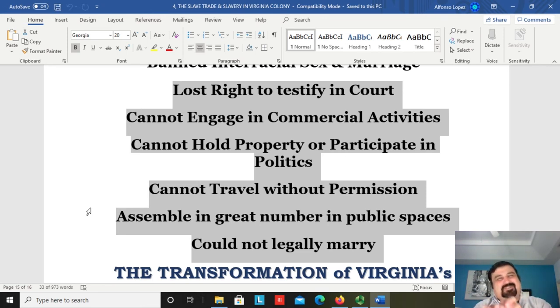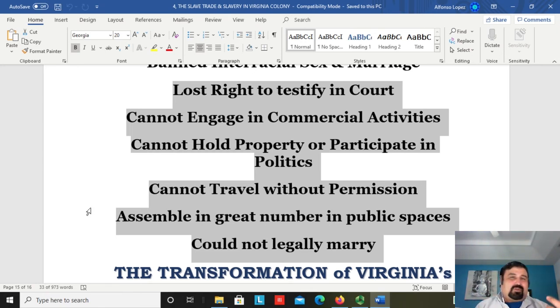Even though there were, of course, slaves that got married inside the plantations, those marriages were not considered legal. So this became part of what was known as a slave constitution, so to speak, a series of laws or slave codes that indicated the nature of the institution.